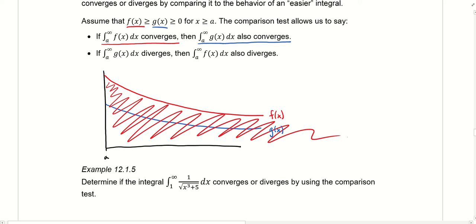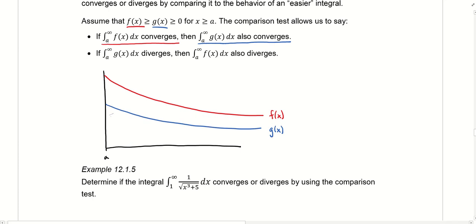And we can see from the picture that the area beneath f of x is always going to be bigger than the area below g of x, because f of x is always above g of x. And so if this red area is finite, it has to mean that this green area is finite as well, which means the integral of g of x also converges.